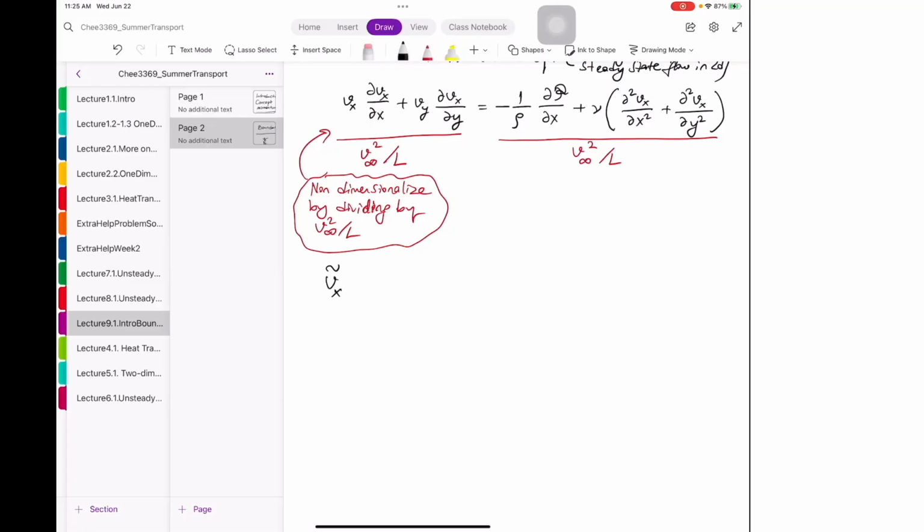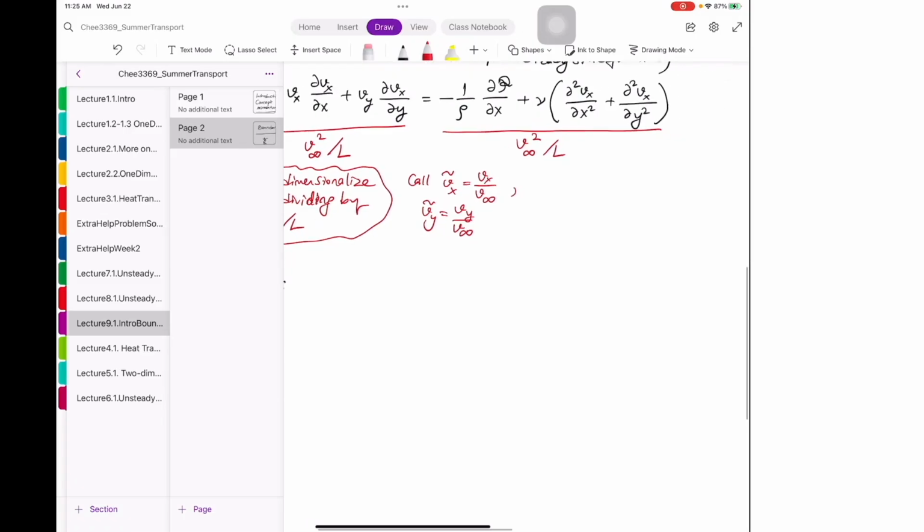So Vx tilde is Vx over V infinity. And Vy tilde is Vy over V infinity, right?